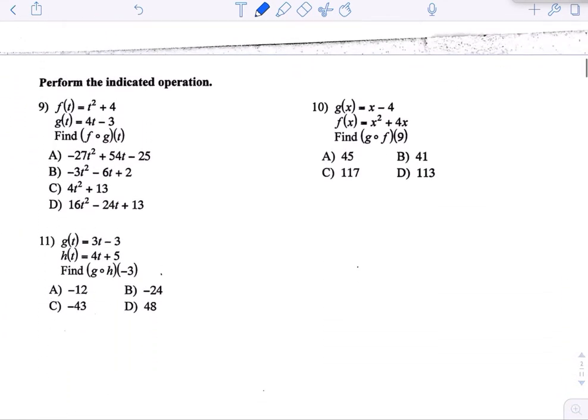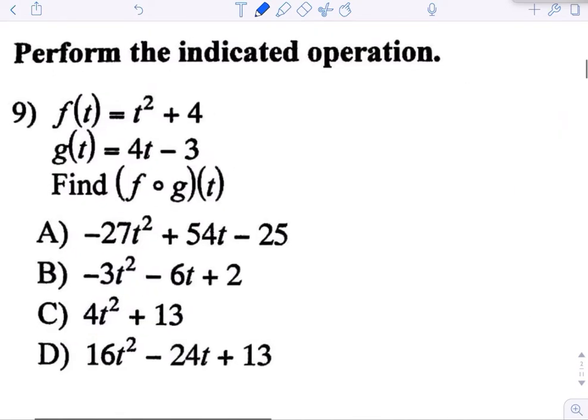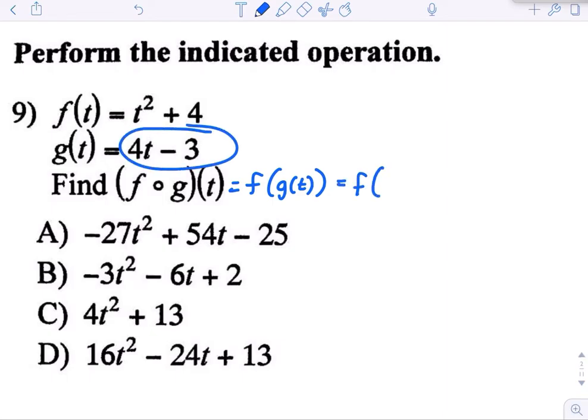Okay, 9. Perform the function. So recall, you guys, that this notation means f of g of t. So we know what g of t is, which is 4t minus 3.